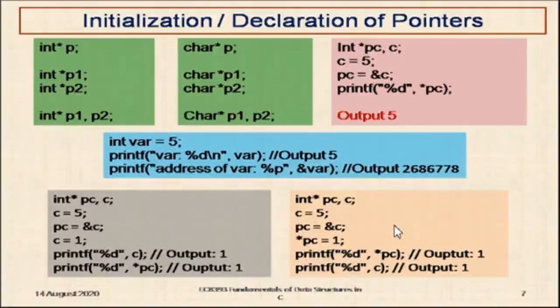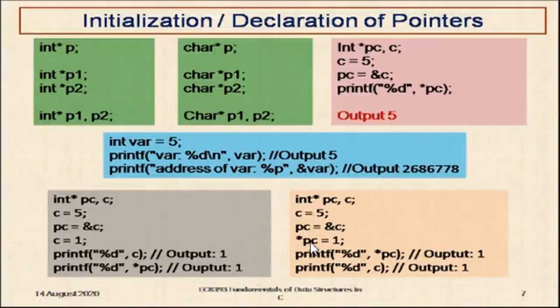Another example, the same thing is written in a different way. There is only one change in the fourth statement, the fourth line. Instead of c is equal to 1, I am using star pc is equal to 1. So here I am directly using the variable to assign a different data, but here I am not using the variable, rather I am using the address of that variable. So I am directly accessing the address. So that is the power of a pointer.